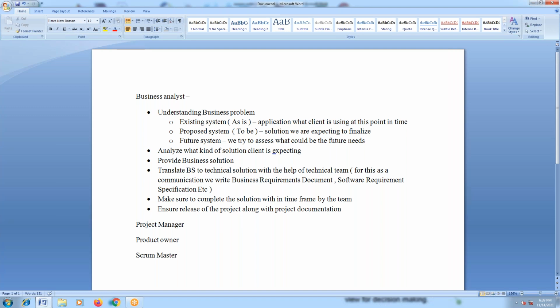This is what we call future systems transfer. It means what could be their future needs, and do we require any changes to the existing ones at minimum cost, so that you can say, boss, if you pay me this small amount, I'll take care of the remaining things, and the customer will be happy, right?